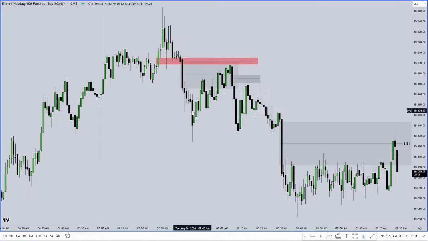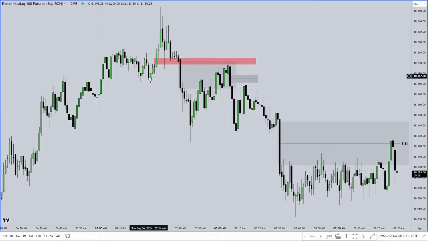Where does your eye go? Well, you'll naturally go to this. But my eye jumps to the stop hunt here and the breaker. And from the breaker to the high where the stops were taken, is there a fair value gap? If there is, I'm going to navigate away from the breaker, and I want to have that premium level right there. I want that.